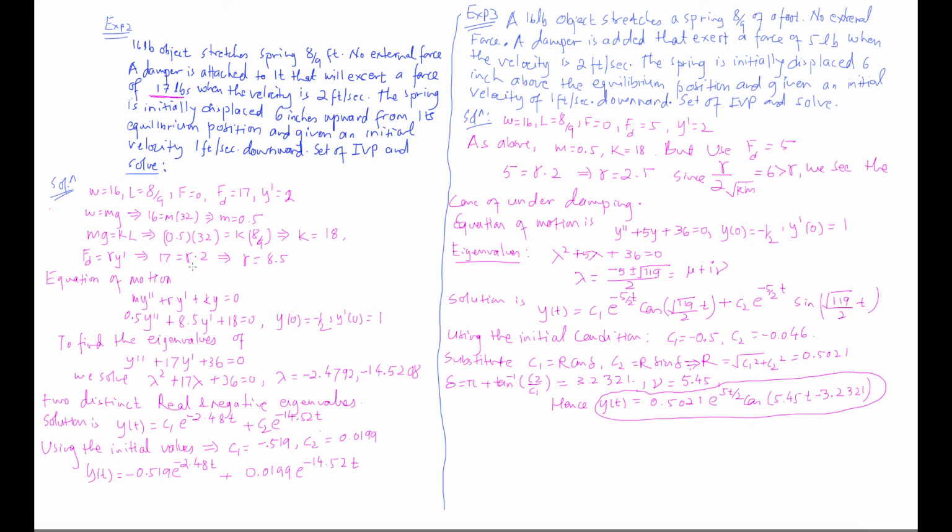Also, how do we find the quasi period? The quasi period TD, we did that formula in class. TD is 2 pi over nu. If you do that, it will be 1.1519.